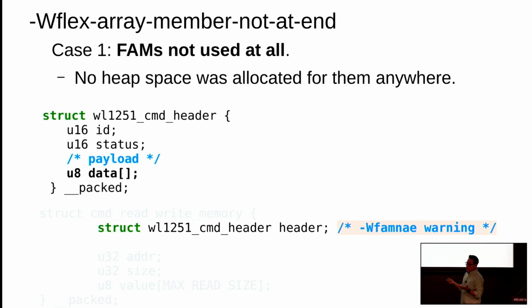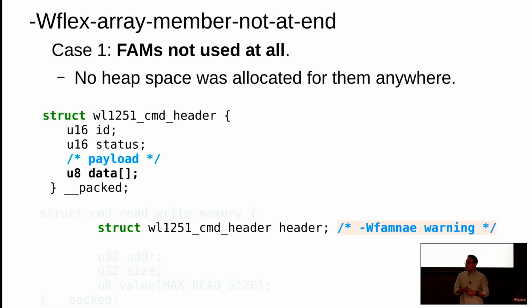So probably at some point when this code was introduced, it was being used. However, as the code evolved, they stopped using this array, or probably it was never used.